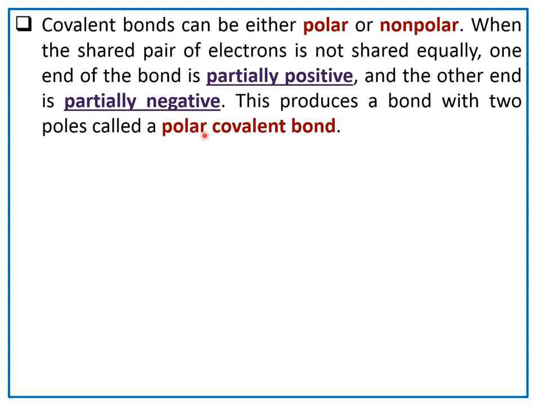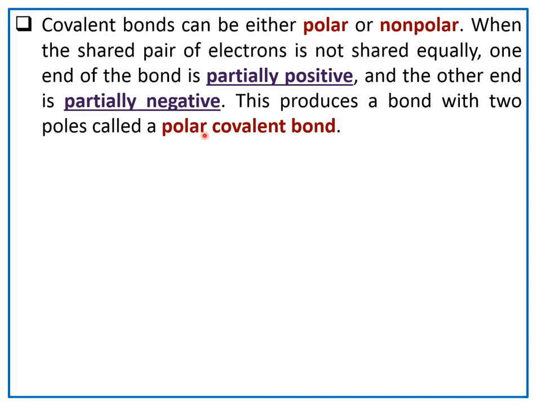In the other case, the hydrogen will have a partial positive charge. So overall, the molecule looks like a permanent dipole, which has a positive end and a negative end.